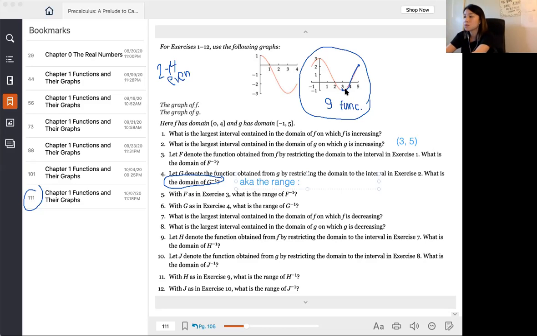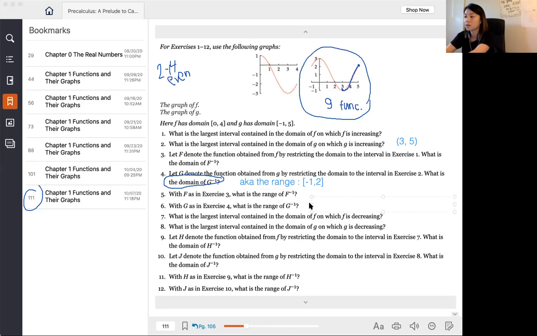So just this blue part, it's going from -1 to 2. Yes? Oops, to 2. Just the part in blue. This is hard to understand.